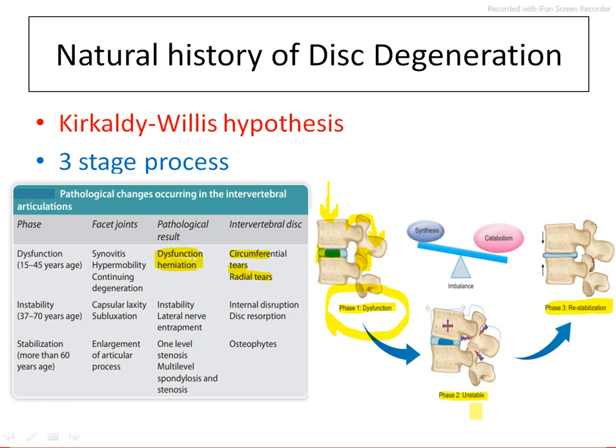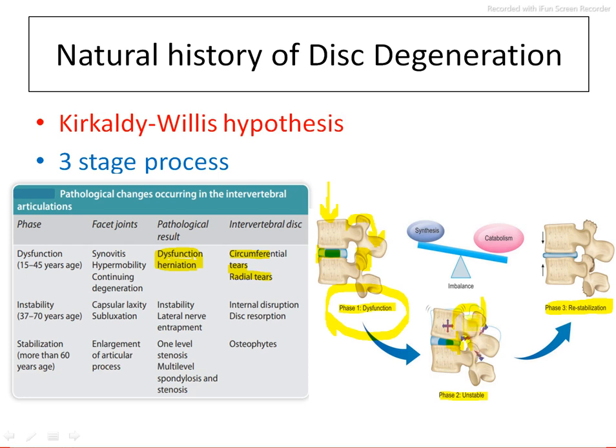Now, in the instability phase, what happens is that the degeneration is ongoing, and because of that, there is a resorption of the hydration. And because of this, you see here, posteriorly, the height of the intervertebral disc has decreased. And you see, the maximum amount of anterior force has been transmitted to the posterior segment.